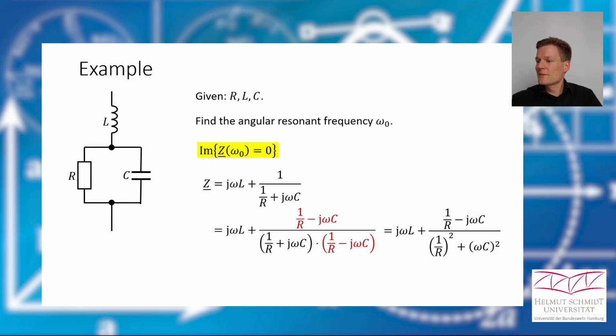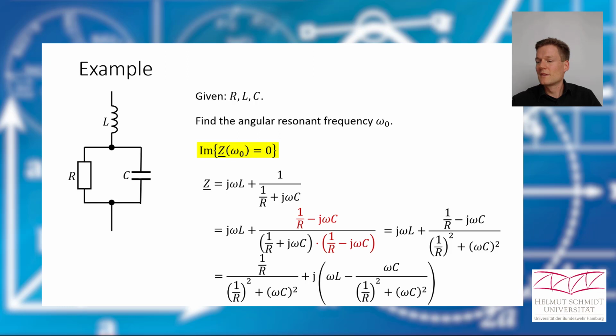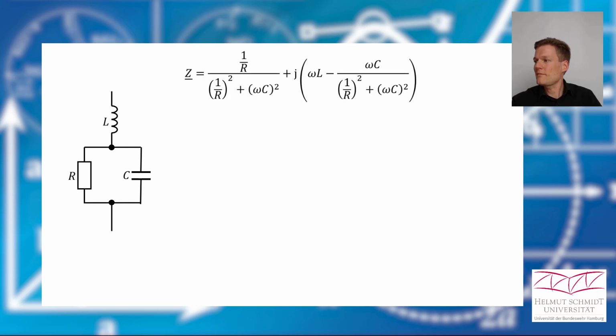Okay, and this term can be separated into real part and imaginary part. Let's start a new page. And now we want the imaginary part to be 0. Okay, there is omega 0 at 3 positions and we want to solve this for omega 0.